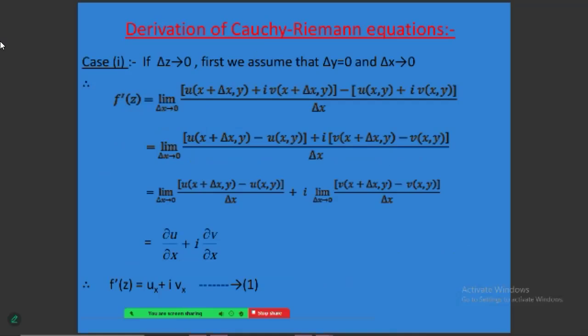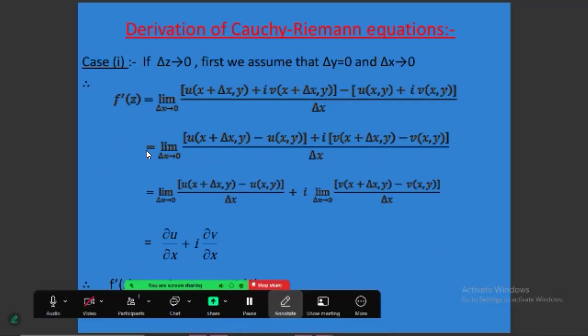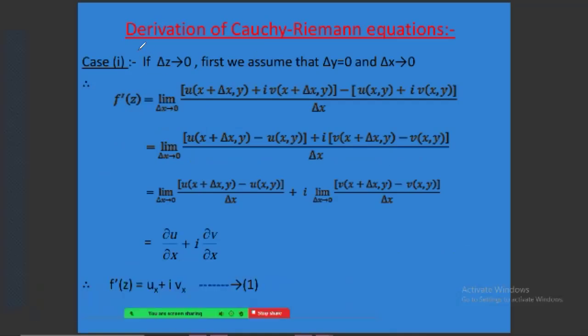Next, now we are going to use the cases. So okay, let us see. Case 1. Del z tends to 0. So we are going to assume that del y is equal to 0 and del x tends to 0. Therefore, f dash of z is equal to limit del x tends to 0, and substitute the del y value as 0.